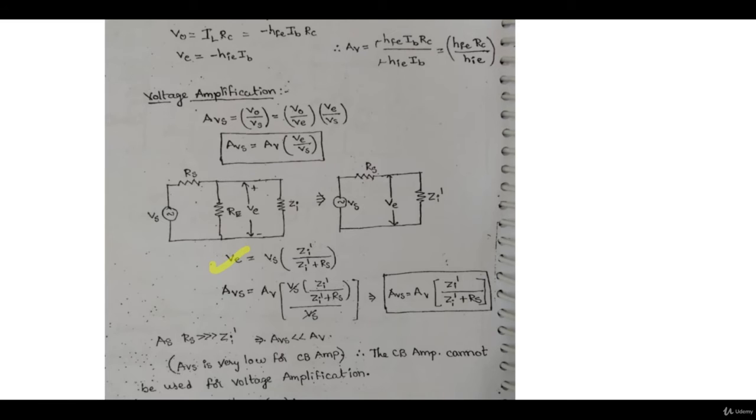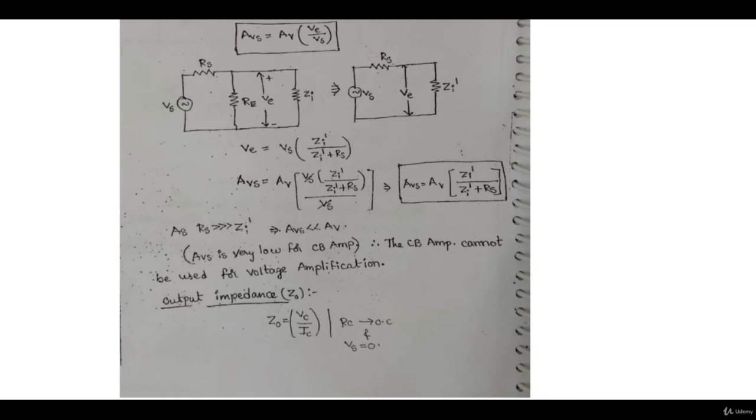So AVS is AV into Zi dash divided by Zi dash plus Rs. Here Rs will be very much greater than Zi dash, so AVS will be less than AV. The external voltage gain will be very low for common base, and hence it is not used for voltage amplification. So it is not a current amplifier, and it is not a voltage amplifier.